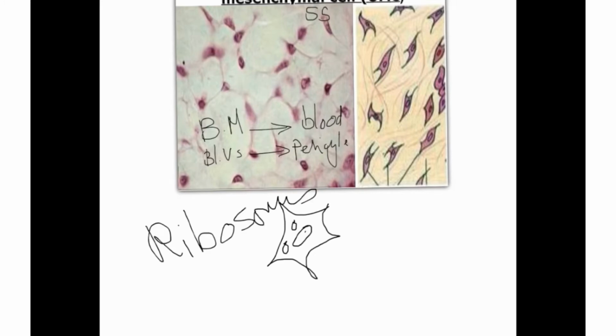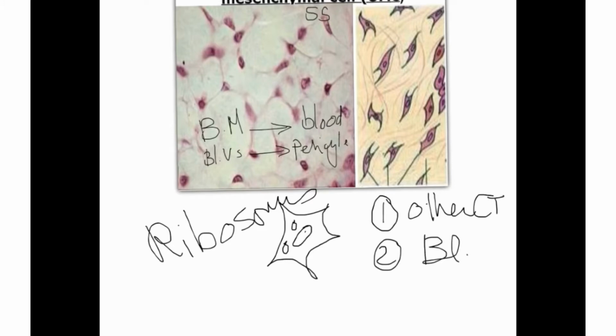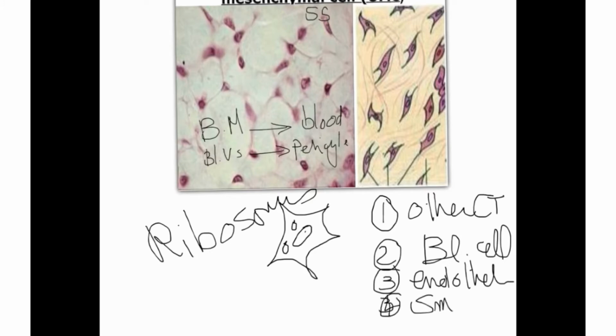As regards the function, these cells can give rise to the other connective tissue cells, can give rise to the blood cells inside the blood vessel, and also the lining of the blood vessel, which is called endothelium, and also the smooth muscles in the wall of this blood vessel.